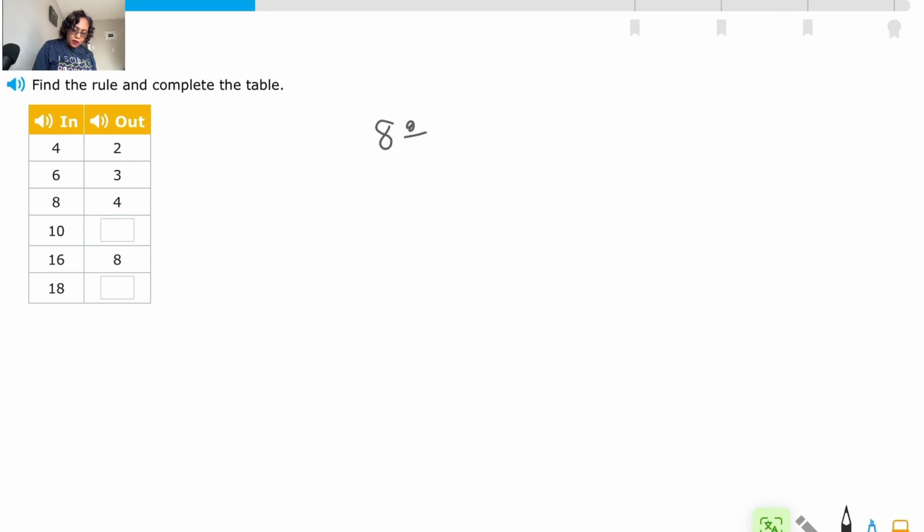Sorry, I need to take my hand off of the iPad screen, and I divide that by something and I get 4. Or I could do 8 divided by x is equal to 4. That would be how we replace it with the algebraic expression.